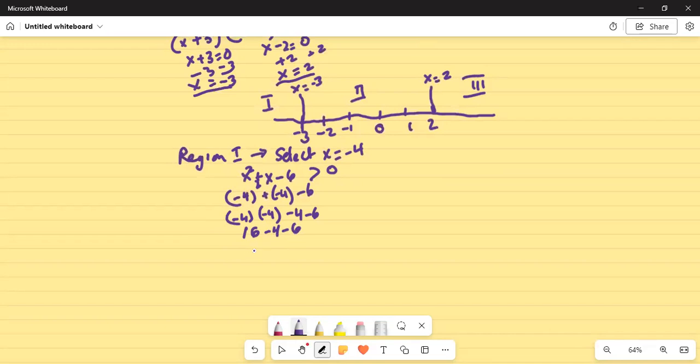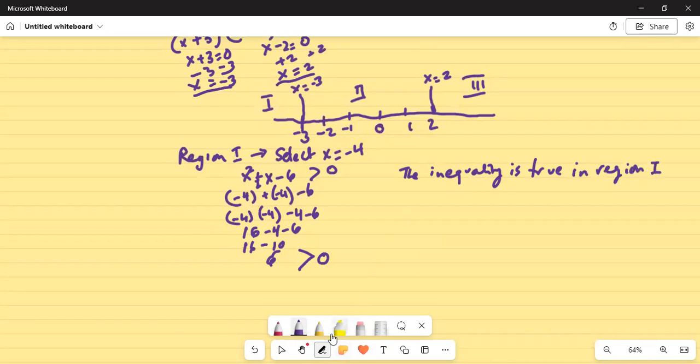So 16 minus 4 minus 6 is 16 minus, I can add those two minus terms together, it's -10. 16 minus 10 is 6, and that is indeed greater than 0. So in region 1, the inequality is true.